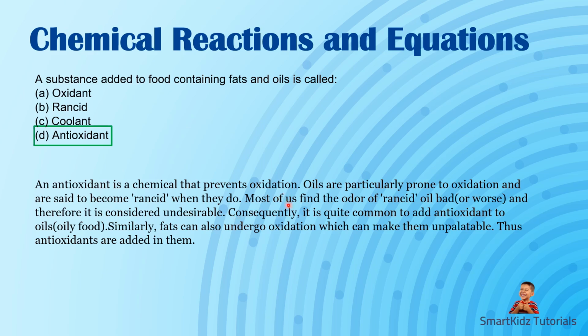Most of us find the odor of rancid oil bad or worse, and therefore it is considered undesirable. We don't like to eat when it smells bad. Consequently, it is quite common to add antioxidants to oily foods. Similarly, fats can also undergo oxidation, which can make them unpalatable. Unpalatable is something that you do not desire to eat anymore. Thus, antioxidants are added to them.